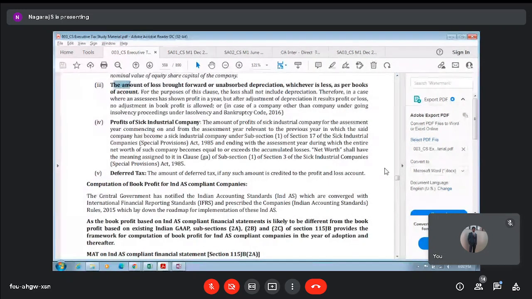See, the amount of loss brought forward or unabsorbed depreciation.